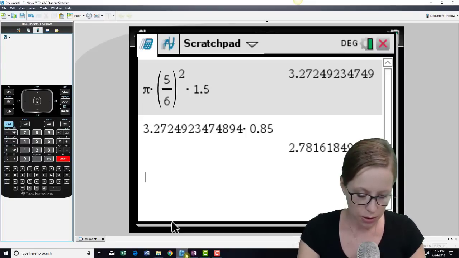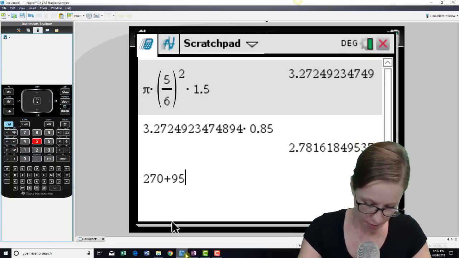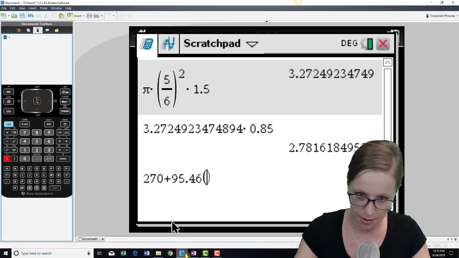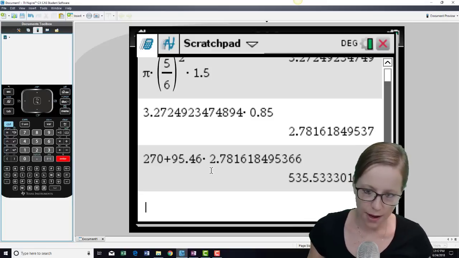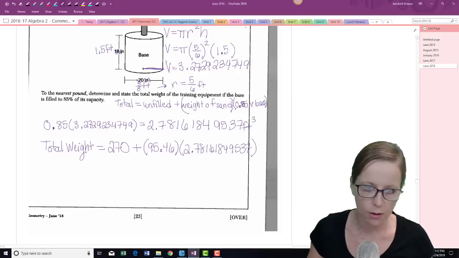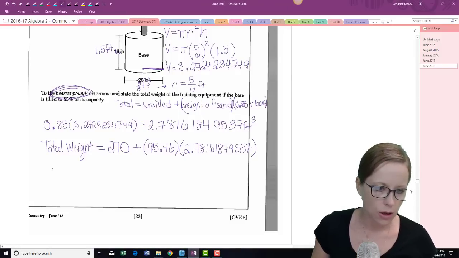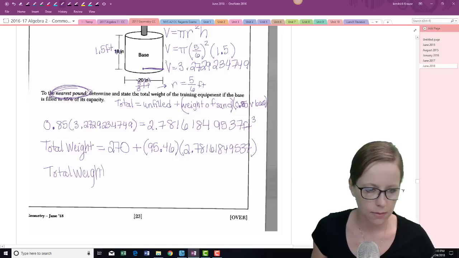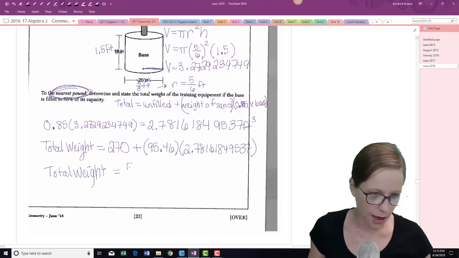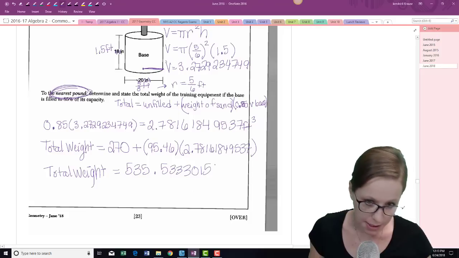So 270 plus 95.46 times that number. So now we have 535.53. Where are we rounding to? Nearest pound. So total weight is equal to 535.533301568.